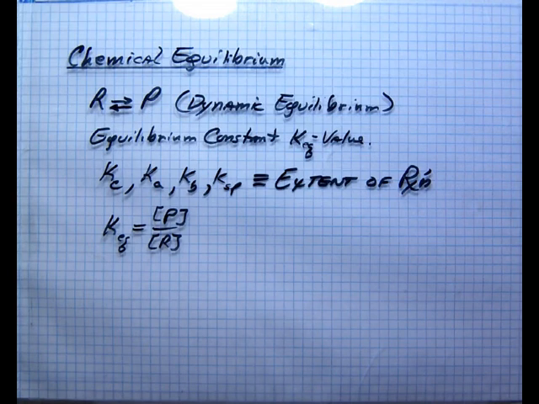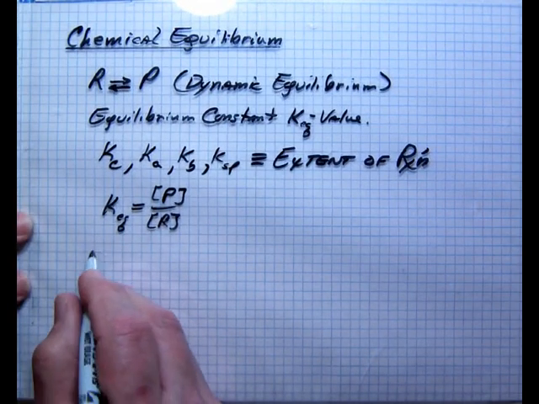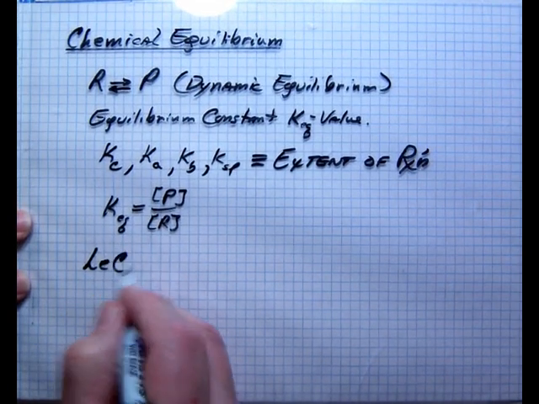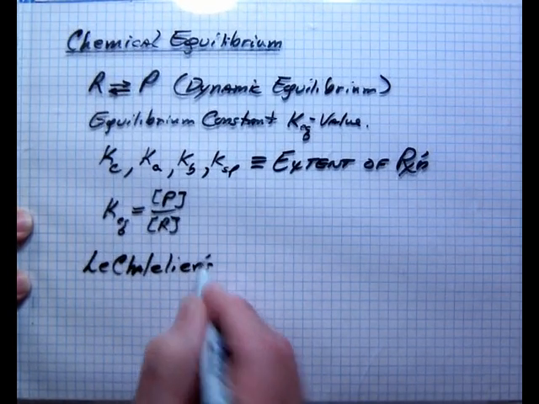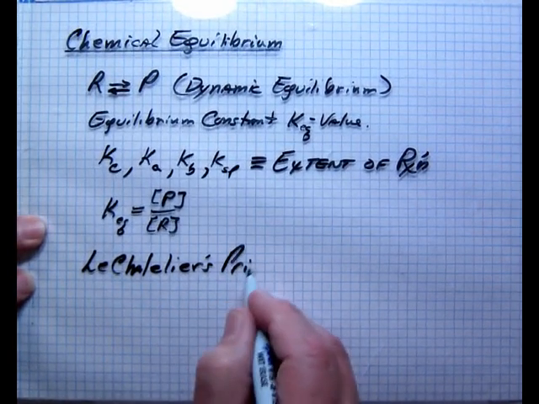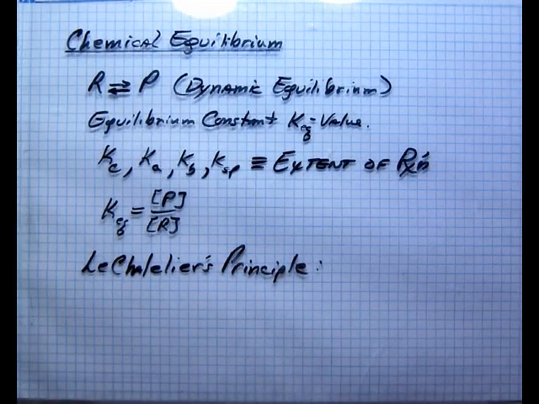And this leads us into the topic that is the focal point of today, which we call LeChatelier's principle, which fundamentally deals with shifting equilibriums. What causes an equilibrium to shift left or shift right?